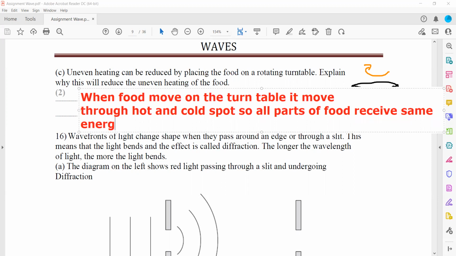So as a result, when all the parts of the food receive the same amount of energy, we can overcome these hot and cold spots. Is it clear, part C, how rotation of the food can make sure that there's an even heating of the food inside the microwave oven?